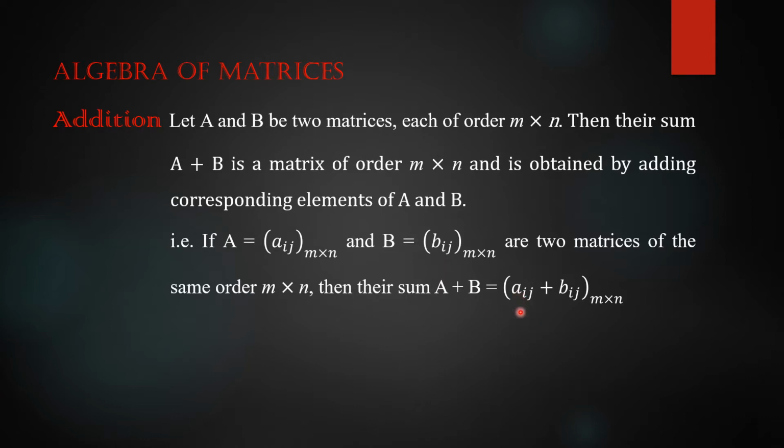That is, if it is a11, then it is b11. If it is a12, this must be b12, and so on. So when two matrices are added, the result is equal to the sum of the same place elements of the two matrices.